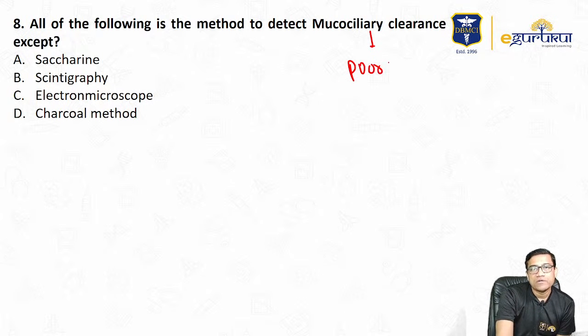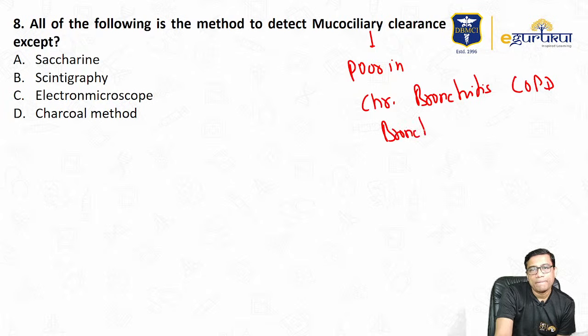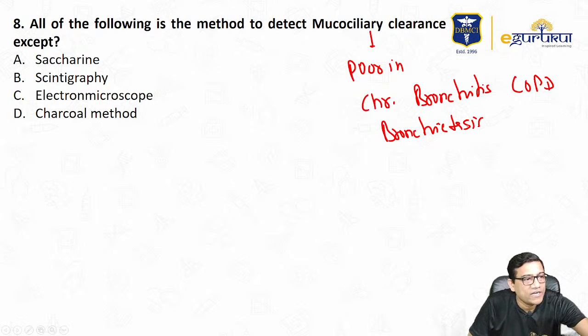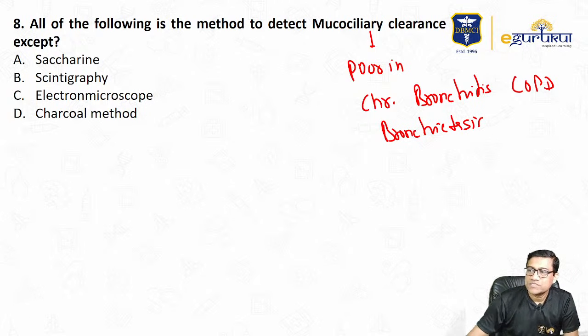So it is poor in chronic bronchitis, COPD, also bronchiectasis. So in all these conditions, we have a defect in the mucociliary clearance.